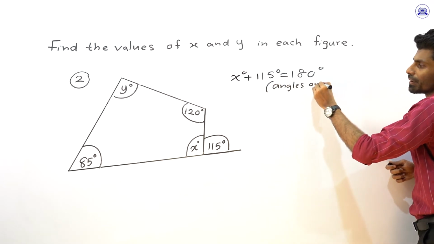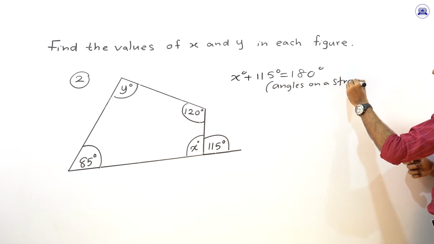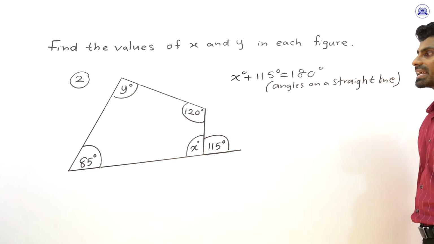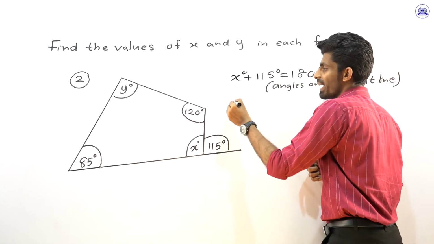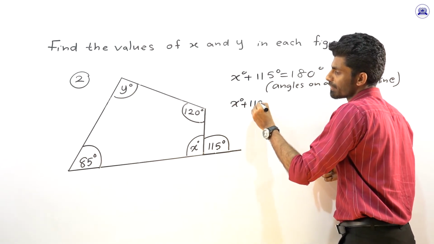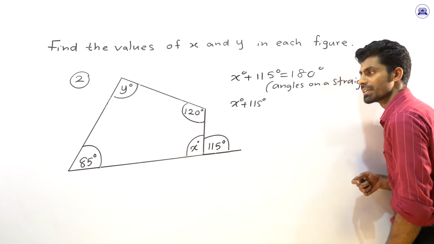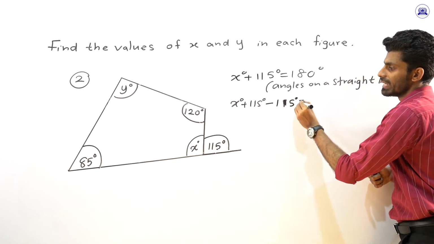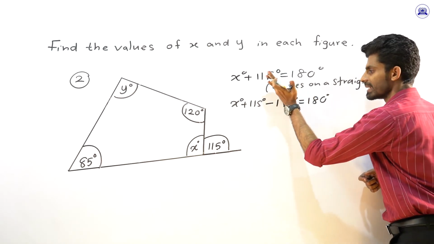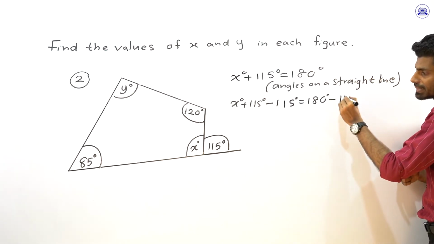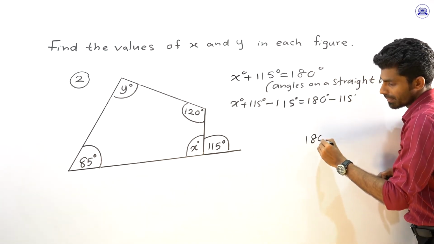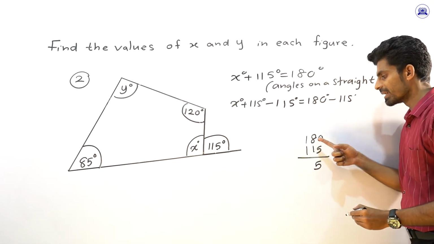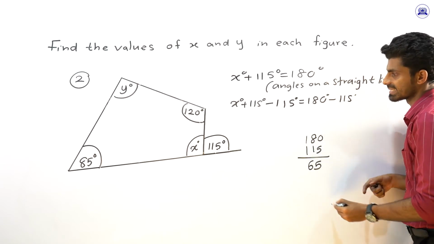Angles on a straight line. X plus 115. You need to remove plus 115, then I need to add minus 115 on both sides. X equals 180 minus 115. 180 minus 115 means 10 minus 5, 5, 7 minus 1, 6.